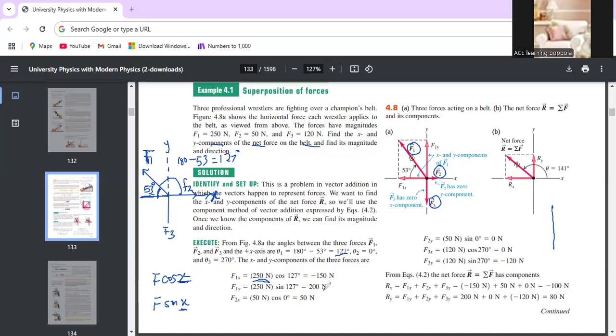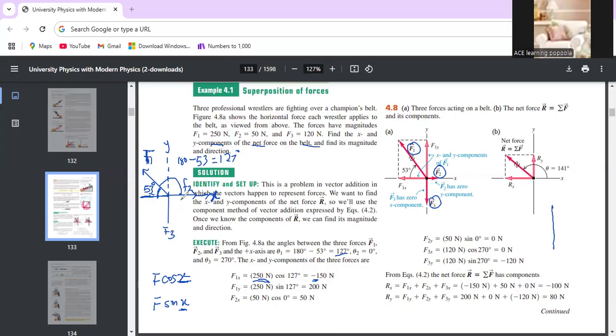The reason it's negative is that it lies on the left-hand side, and I told you earlier that we're taking directions to the left as negative. Then for the vertical component, that's F sine theta, which is 200.